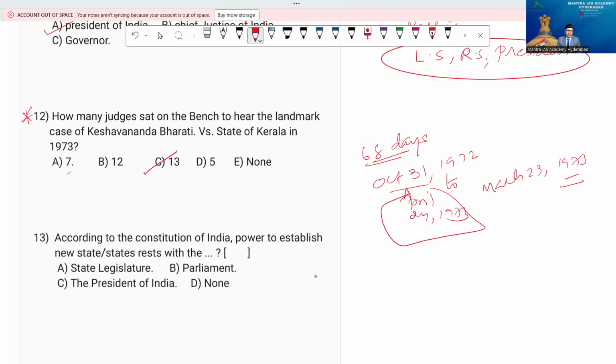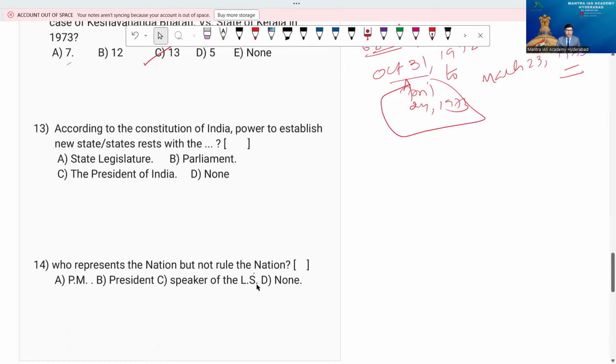Remember, 13 judges. Question number 13: according to the Constitution of India, power to establish a new state or states rests with the: A, state legislature, B, parliament, C, President of India, D, none. Beta, the option in this case is the parliament. If you recollect Article 3, you can find all these things.